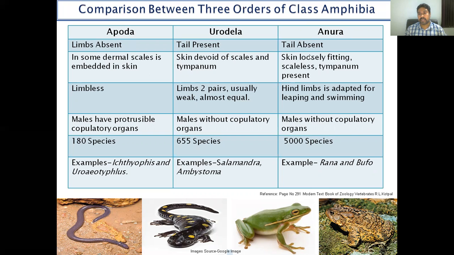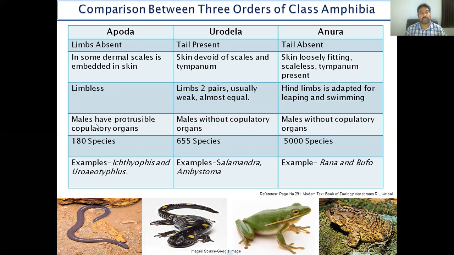In Anura, the skin is loosely fitted, scaleless, and the tympanum is present. Regarding the limbs, as the name Apoda suggests, limbs are absent. In Urodela, limbs are present, two pairs, almost equal and weak. In Anura, the limbs are present and the hind limb is well developed for leaping and swimming.